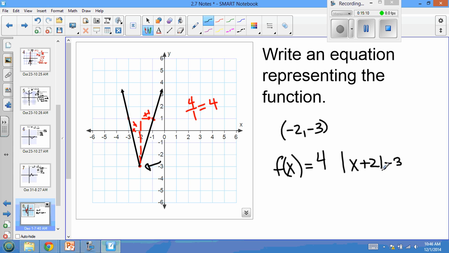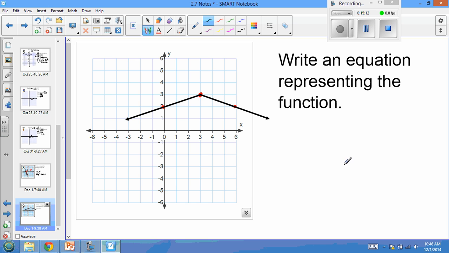Okay, so look at the next one. I want you to try to do this one at your seat. Even though there isn't a problem on the back, I still want you to try to write this down. So just like before, identify your vertex first. (3, 3). Okay, so I'm going to set up my formula.